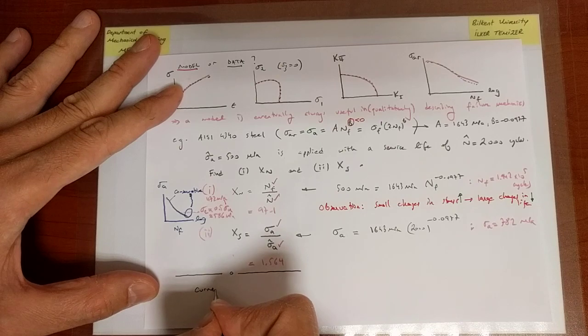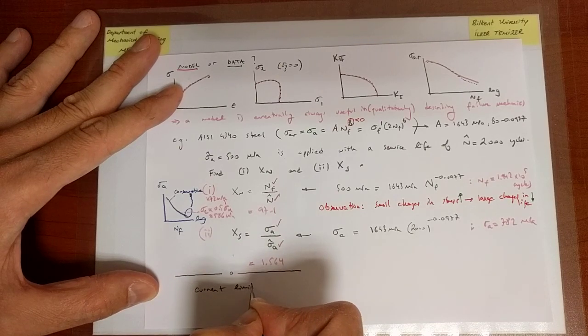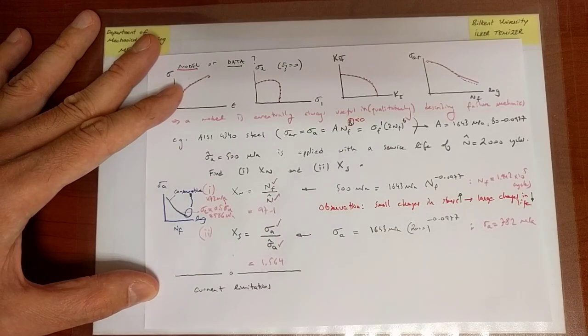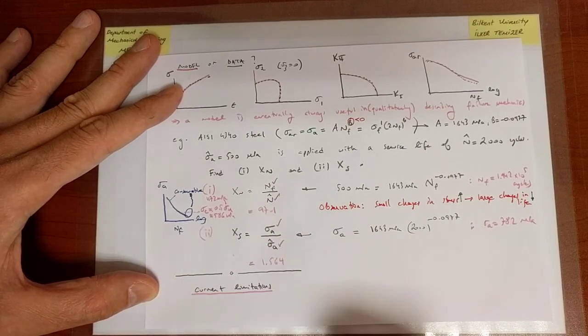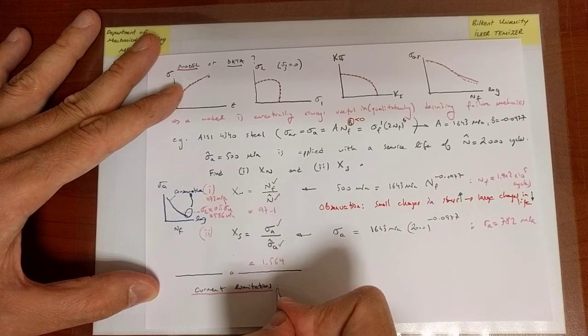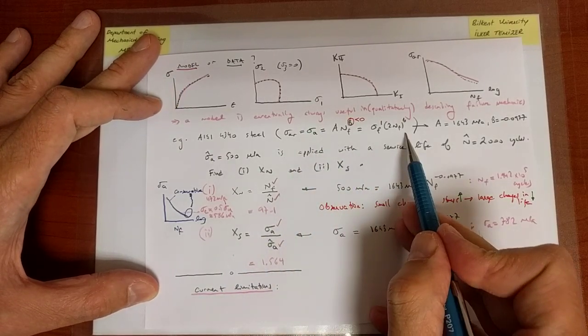So presently, we've made a number of observations and assumptions that led to the Basquin relation, which is that relation. Okay?